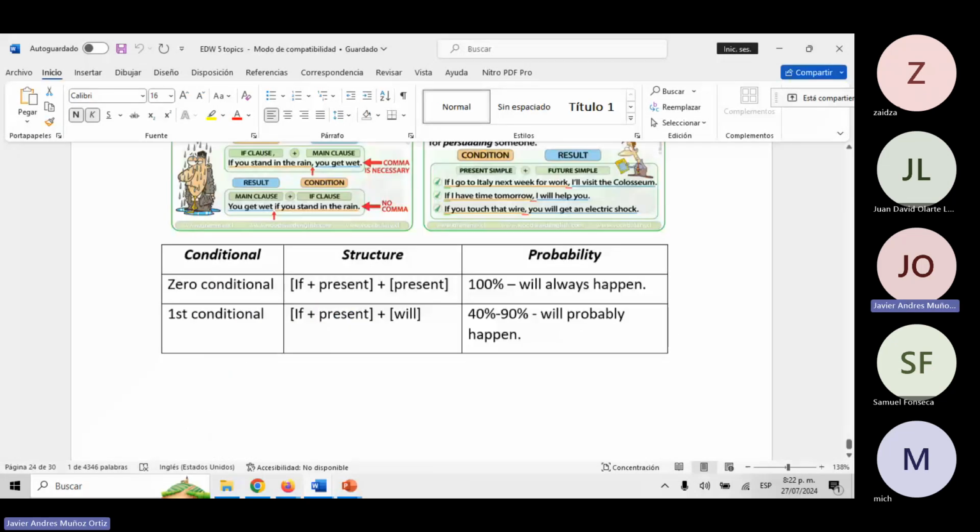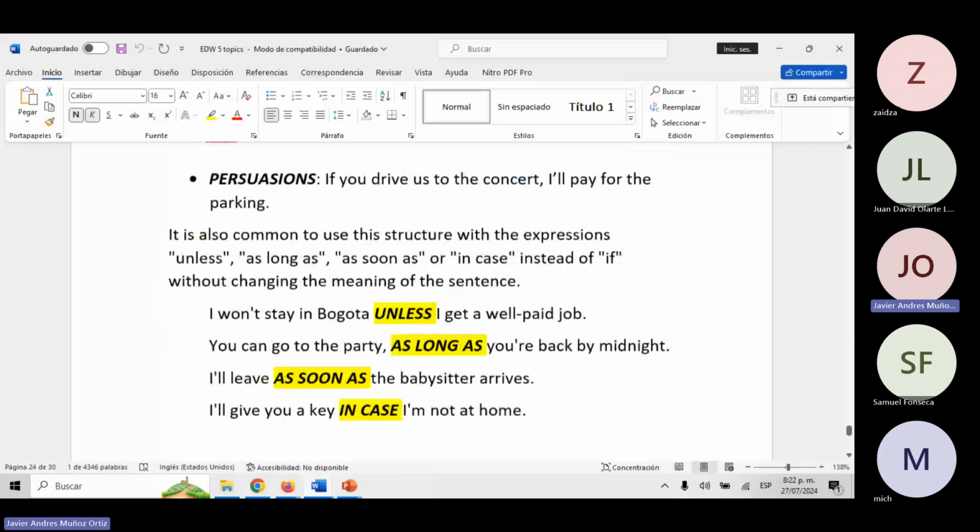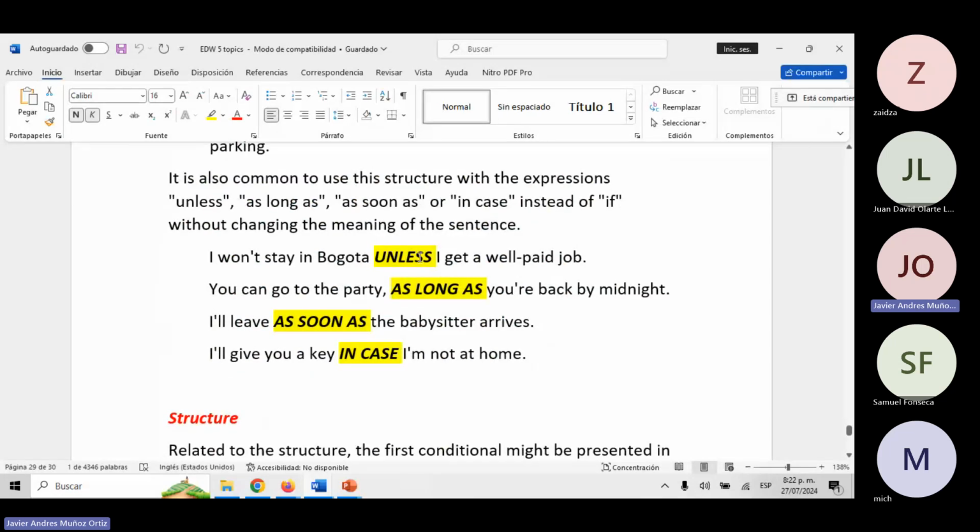We can also replace the word if with words like unless, a menos que, as long as, as soon as, in case. This is very common to mention these conditions: unless, as long as, as soon as, in case, but the word if is more common.